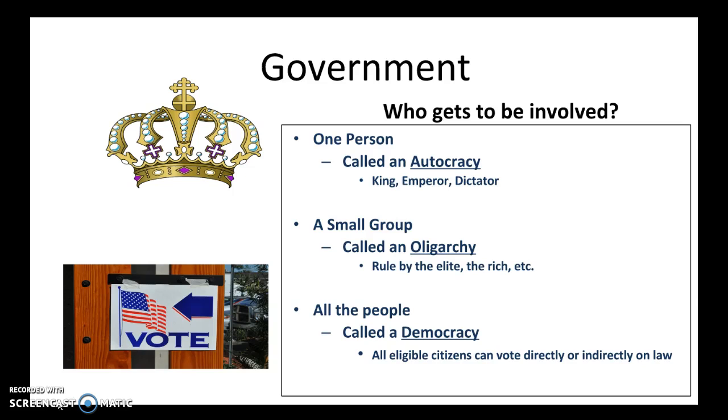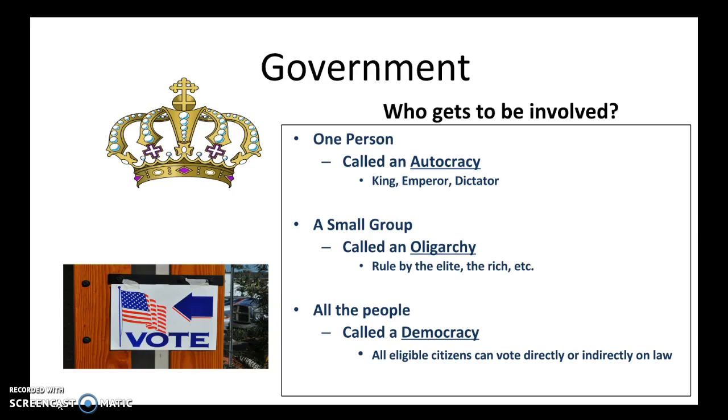If a country follows a system of government called autocracy, that means that one person is in charge of the entire government. One person is going to make all of the decisions. So think about situations where a country is being led by a king or a dictator. There you're talking about an autocracy.